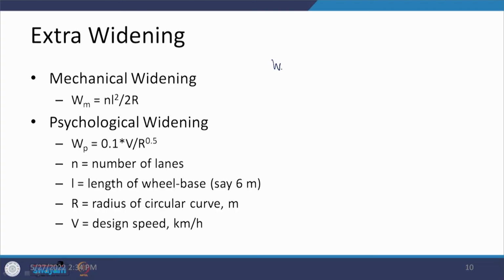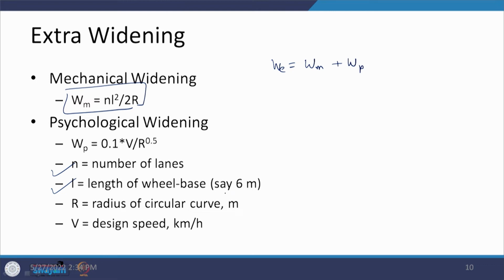Not going into the details of how we find the formula, we have extra widening WE equals mechanical extra widening plus psychological extra widening, and this mechanical extra widening is defined by Wm equals nL squared divided by 2R, where n is the number of lanes. So, if we have a 2 lane system, then n equals 2. L is the length of the wheelbase, the total vehicle base which is there.